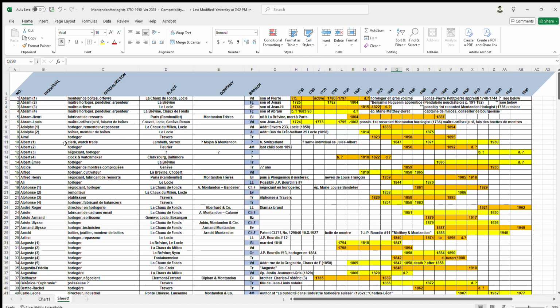Now, after company associations, we do have the branch affiliation, and that is our genealogical information. So in this case, these are all branches of the Montandon family, and these are truncated here, abbreviated for space considerations. Now I do have the legend, which is also included in my book.